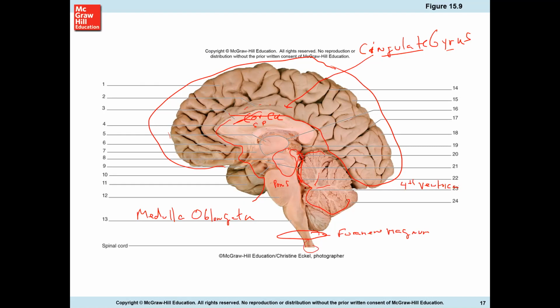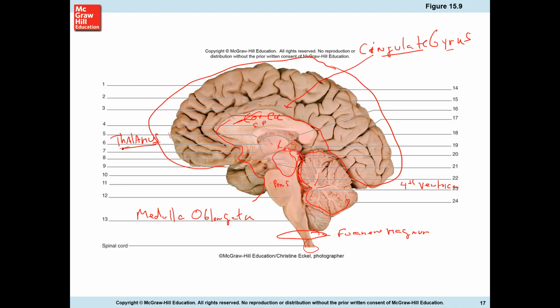So here's your 4th ventricle, which is a space for CSF, cerebral aqueduct. Your 3rd ventricle is right here behind the diencephalon. So let's do the diencephalon. Right here, this outlined area is the biggest part of the diencephalon, and it's number 6, the thalamus. The thalamus is a relay station for all afferent sensory information except smell.